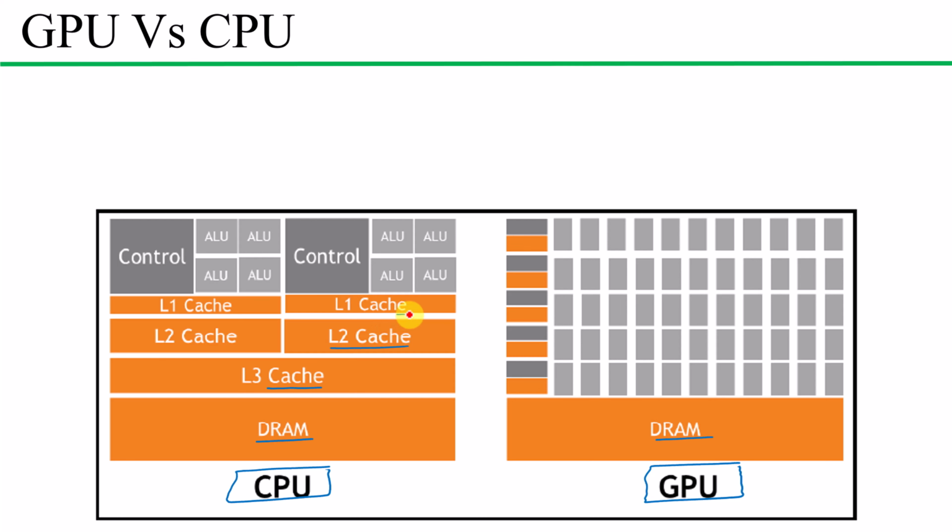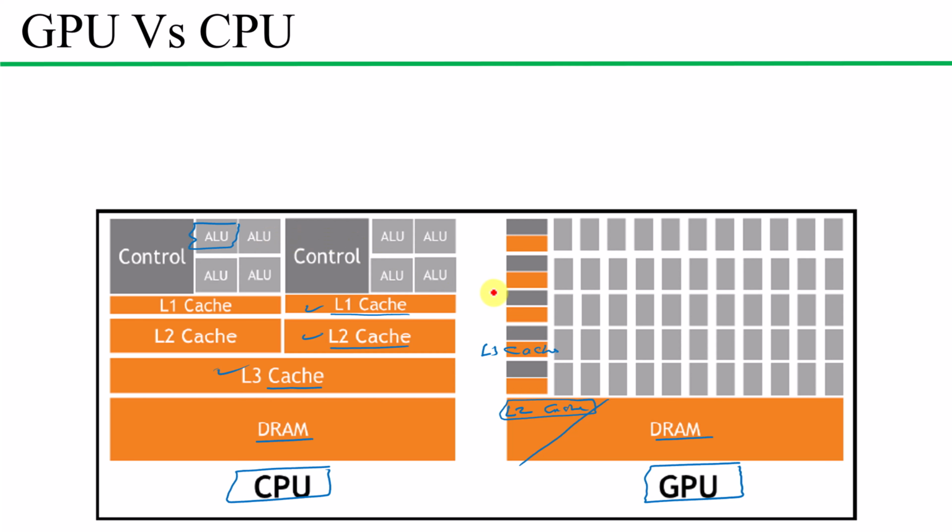As shown here, the CPU contains 3 cache levels, L1, L2, and L3. On the other side, the GPU is equipped with 2 cache levels performing similar tasks as those in the CPU. Next, we have the ALU unit, which stands for Arithmetic Logic Unit.